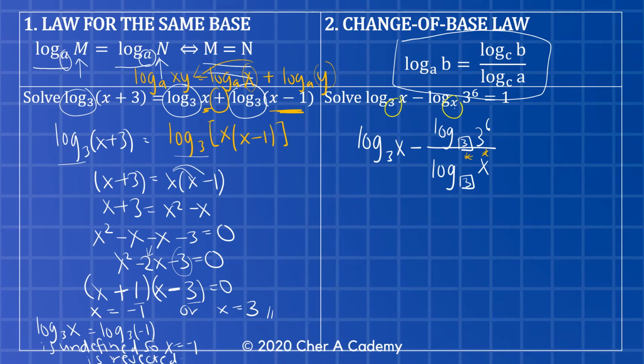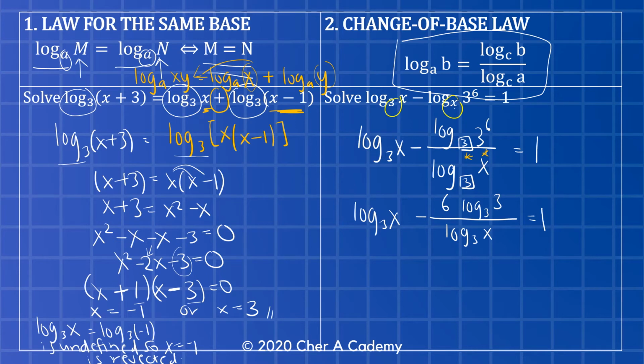So it will simplify my equation further. Let's simplify this. Log base 3 of 3 will be 1, but before that, let's use the power law first. I'll bring forward my 6. My log base 3 of 3 over log base 3 of x equals 1.